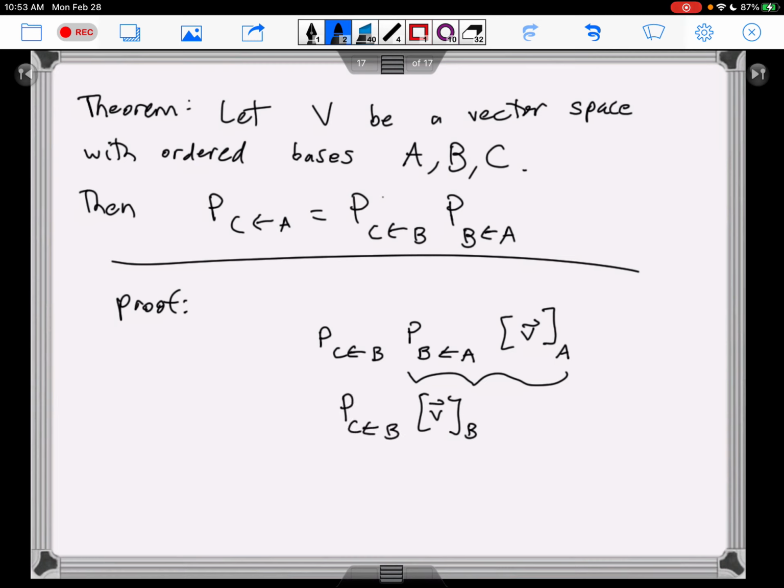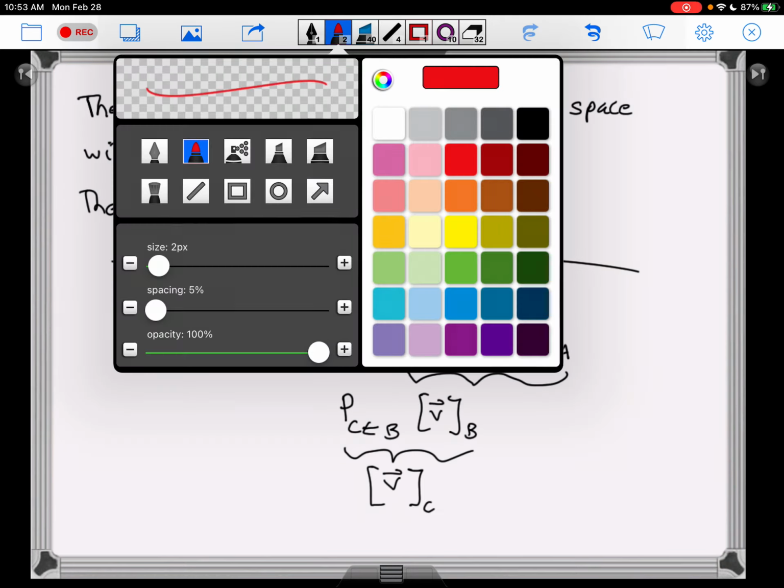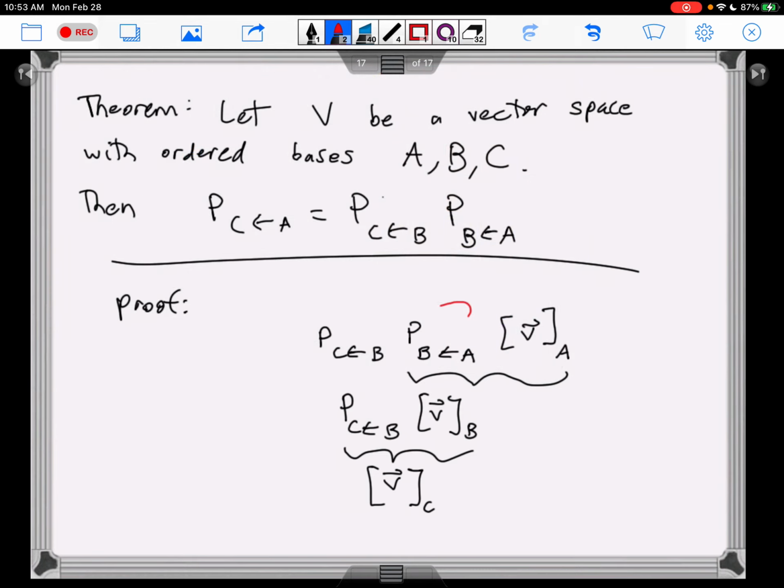And then if you multiply it by this guy, you of course get v relative to C. In other words, what that proves is that this matrix here must be P, the change of basis matrix from A to C, right? Because we multiplied it by this guy, and it ended up with this guy.